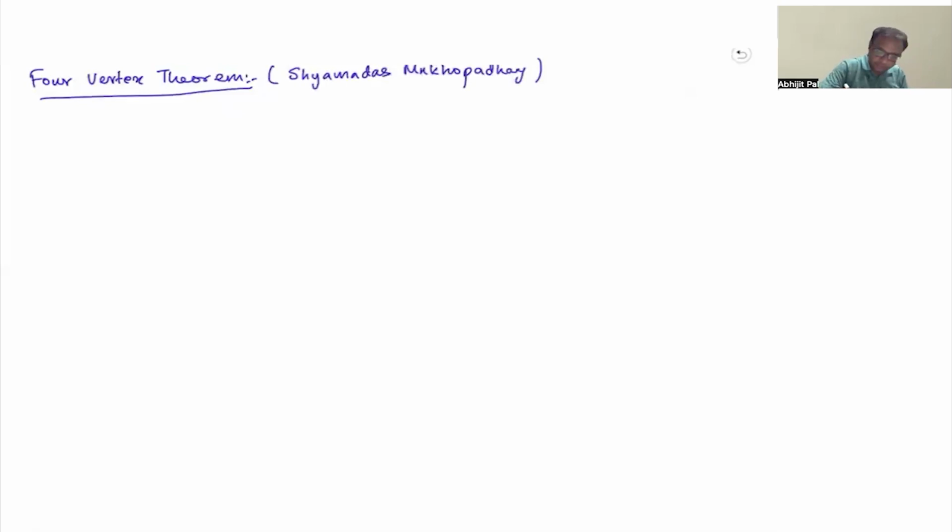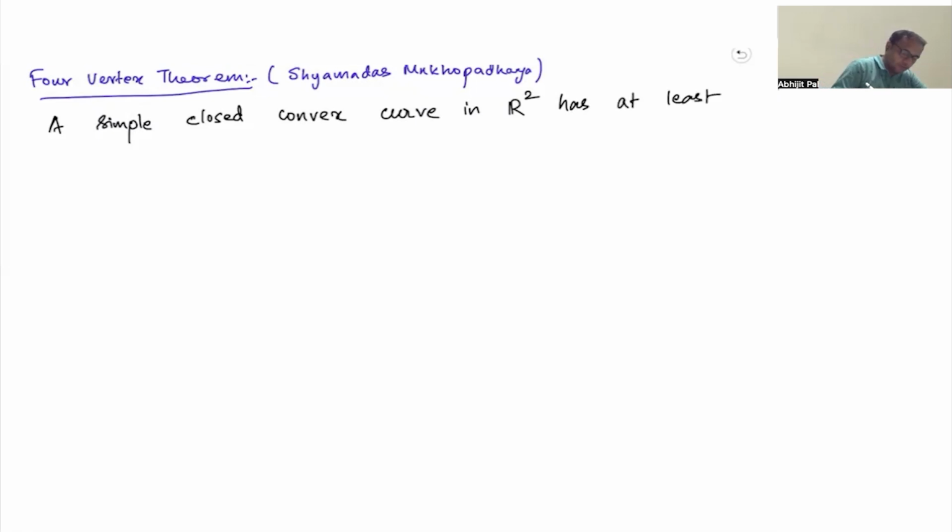Let me state the theorem. A simple closed convex curve in R2 has at least 4 vertices. This we are going to prove.